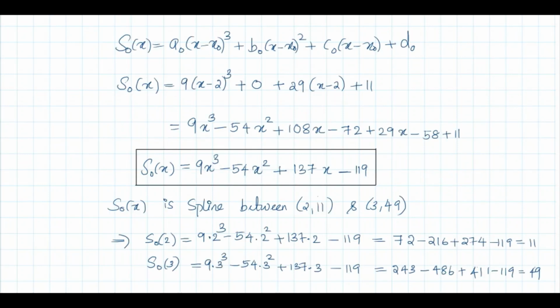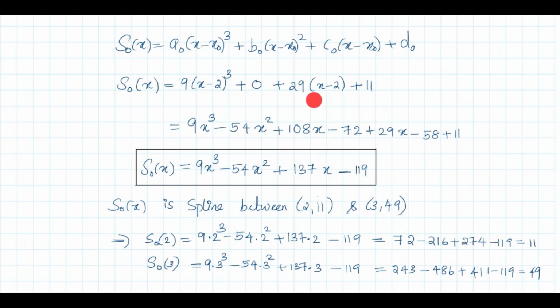So what is S0 of x? S0 of x is a0 (x minus x0) cube plus b0 (x minus x0) square plus c0 (x minus x0) plus d0. Substitute for a0, b0, c0 and d0, and by applying the equation for (a minus b) whole cube as a cube minus 3a square b plus 3ab square minus b cube, you will get this.